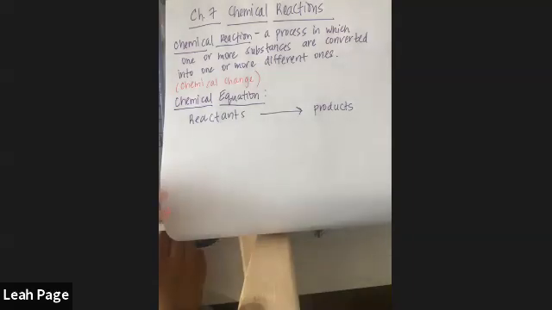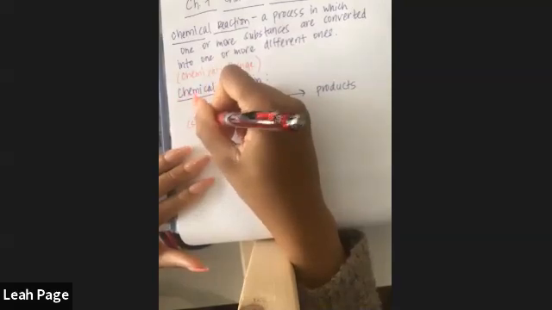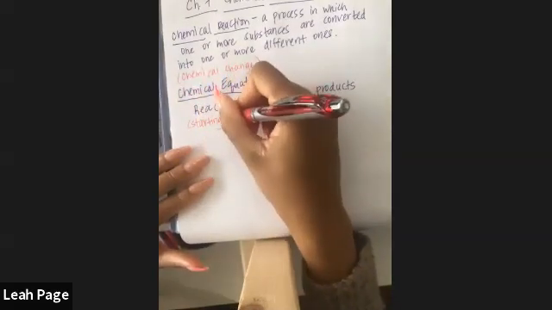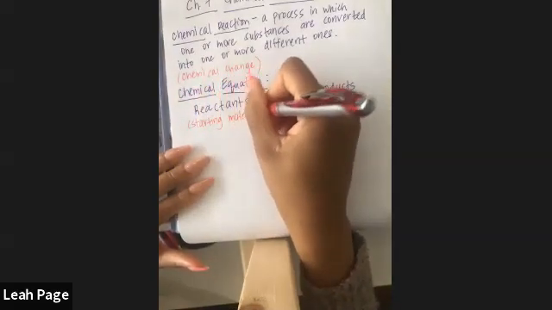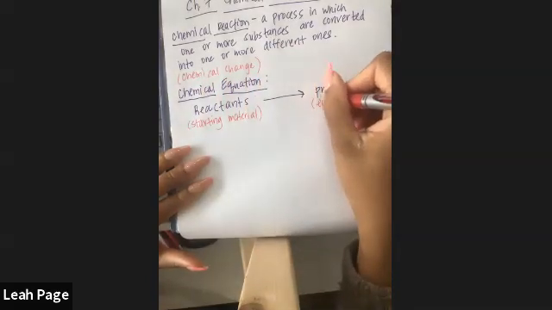So the reactants are basically what we're starting off with. I'm going to say it's our starting material. And then the products are the end material.